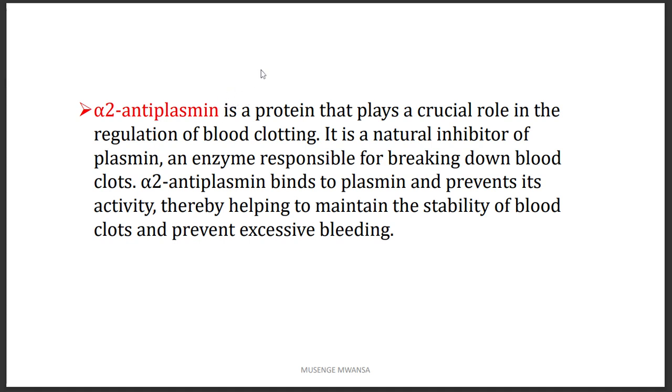Blood is going to be coming out. So what alpha 2 antiplasmin does is that it will prevent the operation of this. So this is what we mean by inhibiting the inhibitor. Plasmin inhibits blood clotting, and then alpha 2 antiplasmin is going to inhibit plasmin, which is an inhibitor. So we have inhibiting the inhibitor.